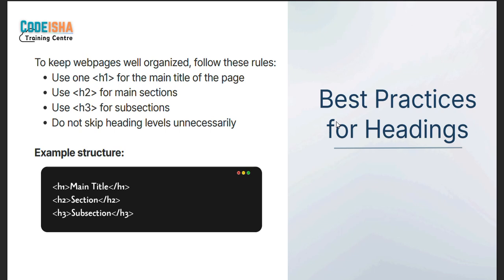Like, if you first add h4, and after that add h2, and after that add h3, then the website and its content will be zigzag and will not look very good.